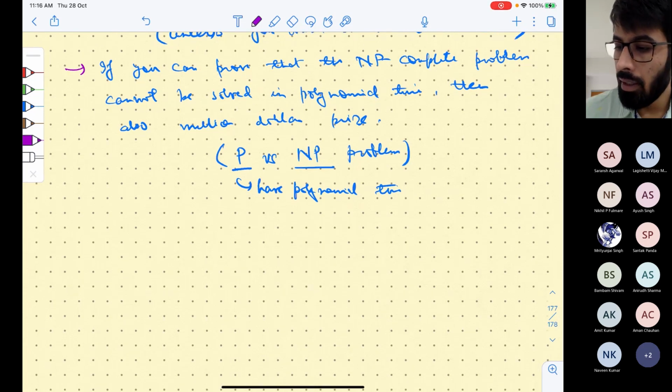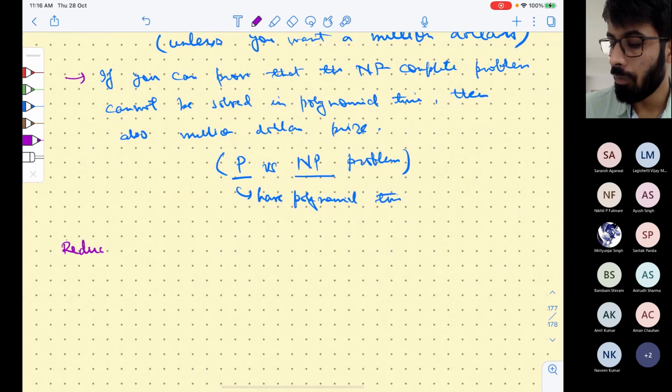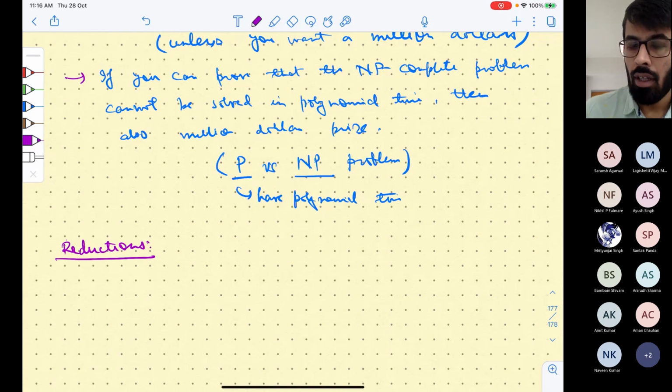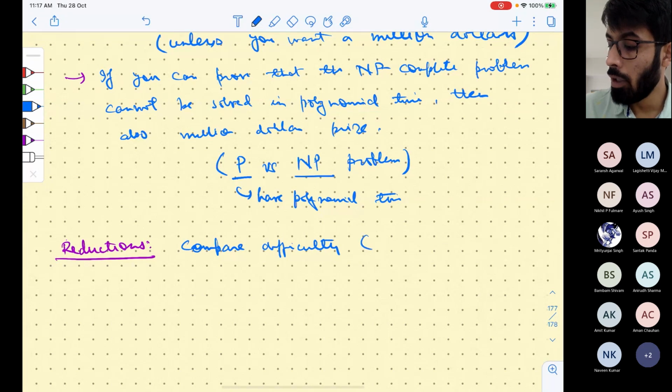The thing we are going to use to relate these problems is called reductions. By using reductions, we will compare the complexity of solving different problems.